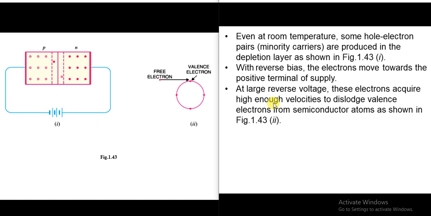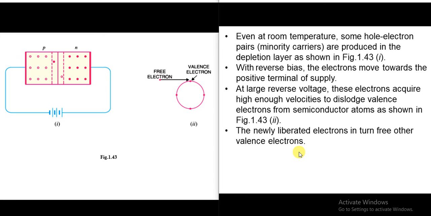At large reverse voltage, these electrons will acquire high velocity to dislodge the valence electrons from the semiconductor atoms, as shown in this figure. So these valence electrons are dislodged by these free electrons. These free electrons are generated because of the minority carriers.